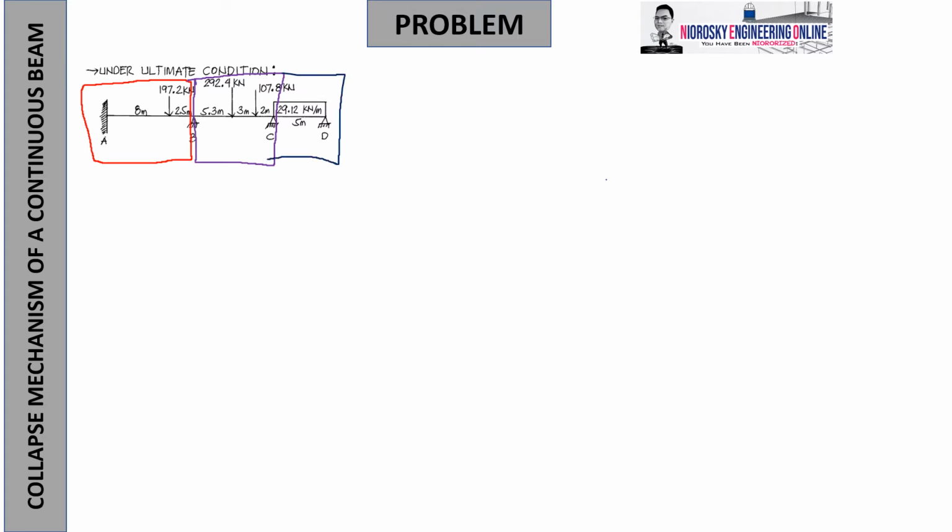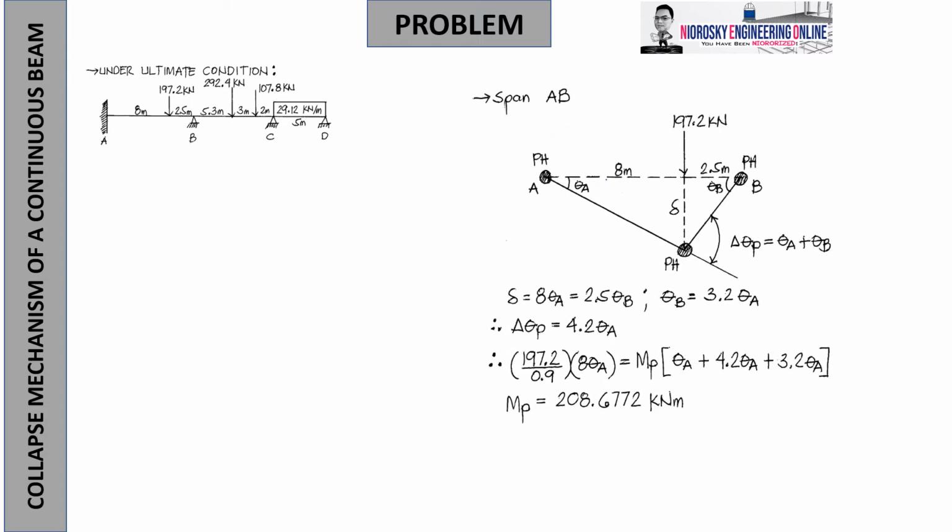So, therefore, you are to detach them based on the points of attachment to the support and then analyze them individually. Now, you will observe that there are 3 spans here, so you are to analyze 3 of them. So, let's start with AB. In AB, notice that this is the load, no?